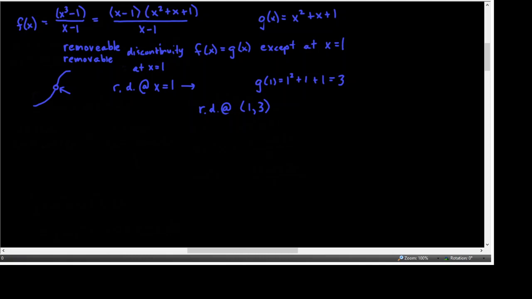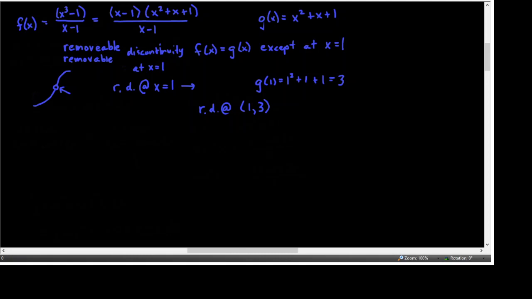What we can use this for is if f of x and g of x agree, except maybe at one point, like x can't be c, up here we can't let x be 1 in our example, then the limit of f of x as x approaches c and the limit of g of x as x approaches c are the same thing.